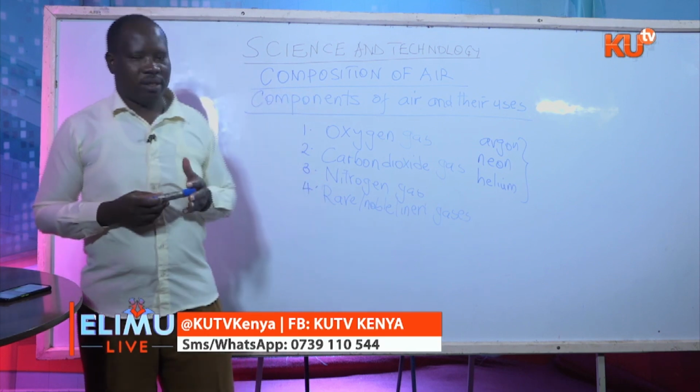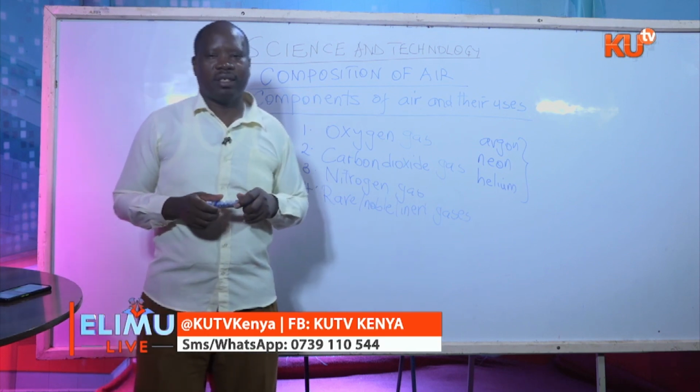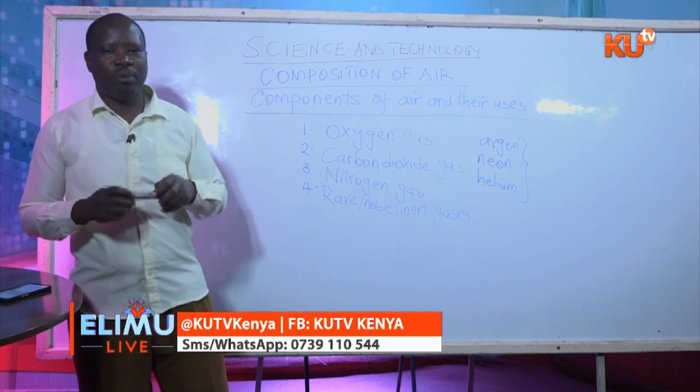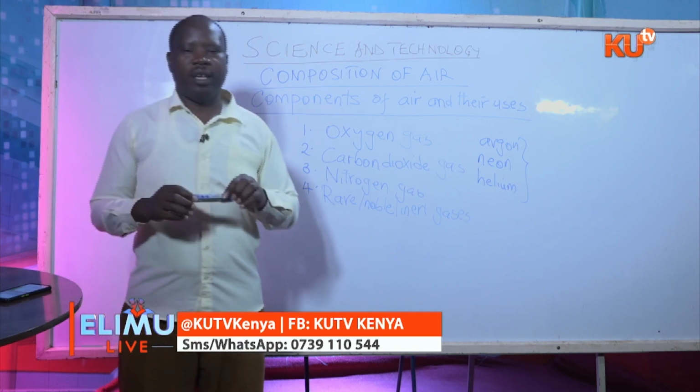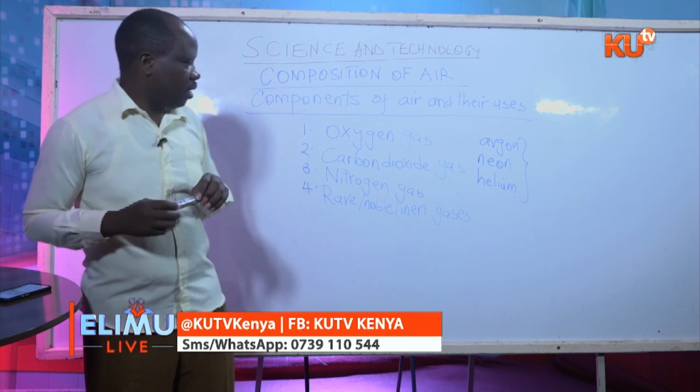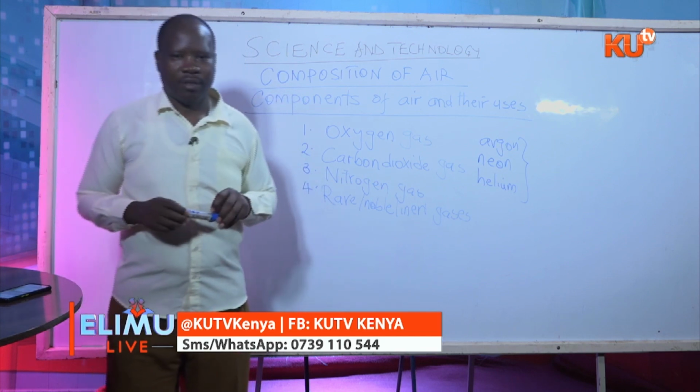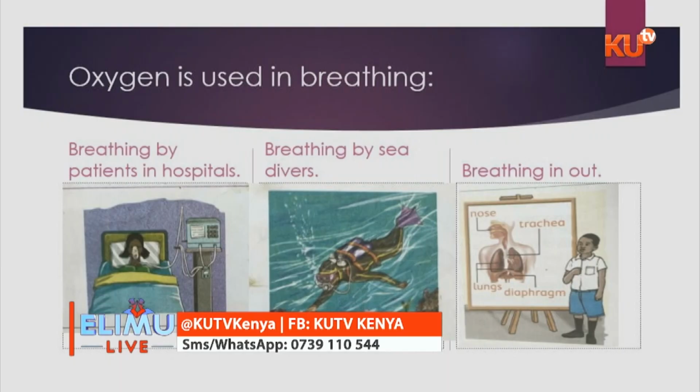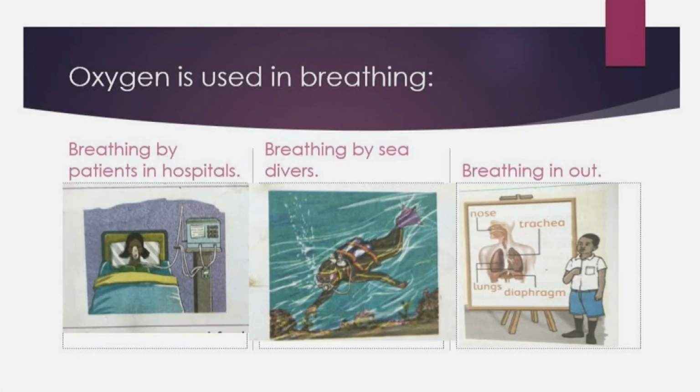Like the way I'm talking, without oxygen, I'm not able to breathe. So we breathe in oxygen, and that oxygen is used in our bodies. So the first use of oxygen is that it is used in breathing, and it is used in different ways.